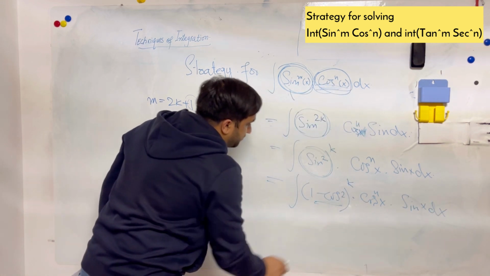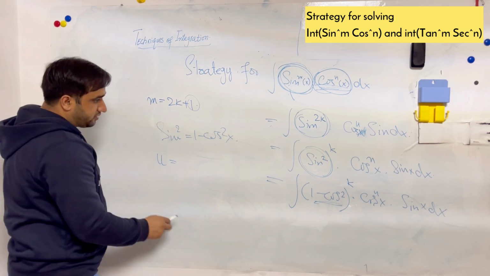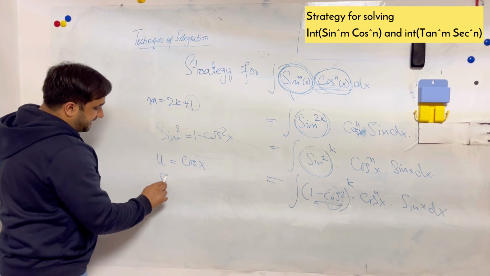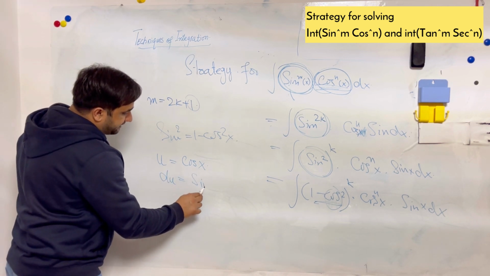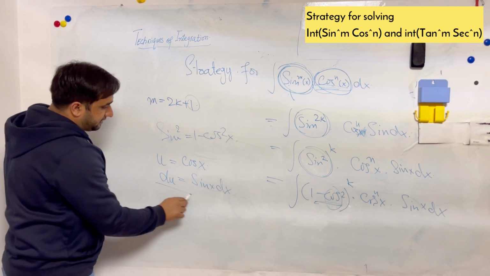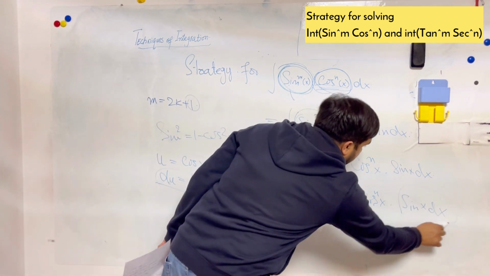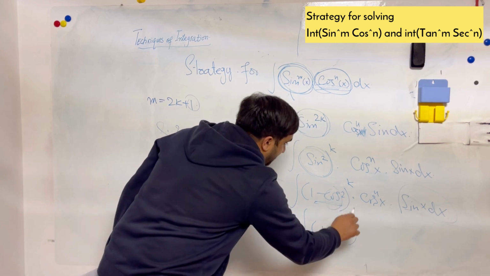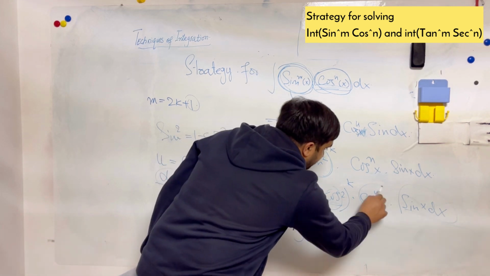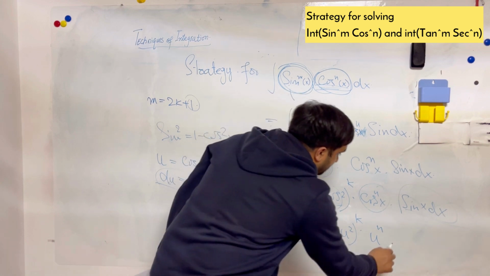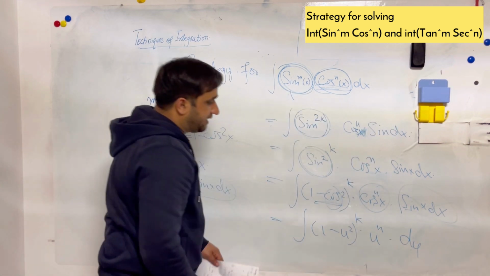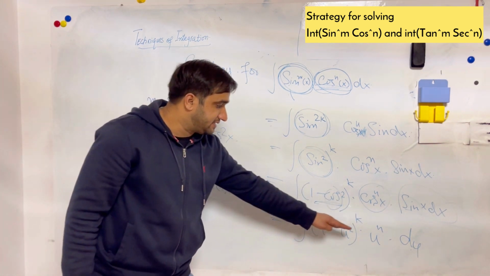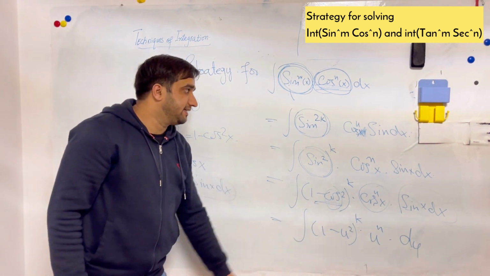Now I can use the substitution u is equal to cos x, and the derivative will be du equal to minus sine x dx. So this will become 1 minus u square raised to the power k, and this will become u raised to the power n, and du. So we have converted everything into u, and you can solve this integral. This is simply the power rule of integration.